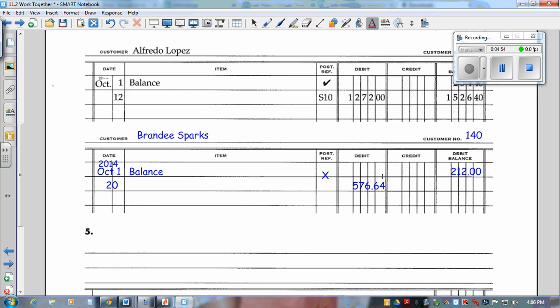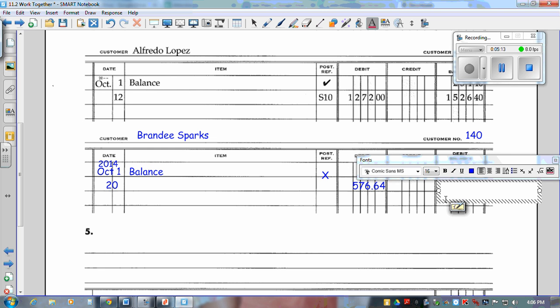Am I going to add or am I going to subtract? Right, we're going to add because a debit and a debit are the same, so you add them together. Plus, you can always look at it. She owed $212. She charged another $576. That means she owes more money. So we're going to add those two numbers together and go ahead and do that, and then you'll put your answer here in your debit balance column.